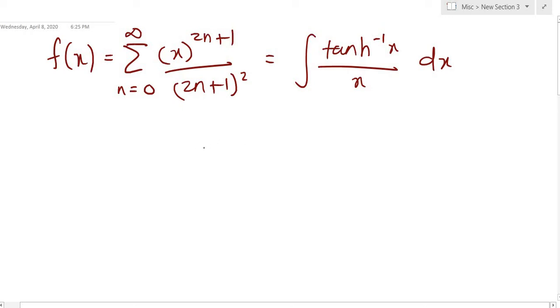And if you remember my last video, we had exactly calculated this indefinite integral using a new definition for the inverse tangent of x. So we had obtained a natural log of 1 plus x on one side and natural log of 1 minus x on one side.